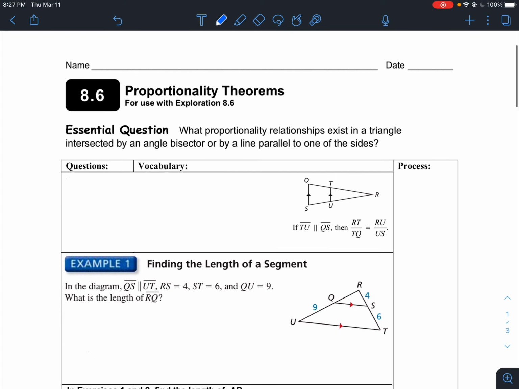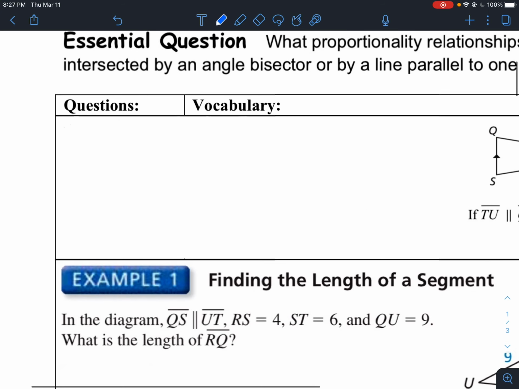So here are a couple theorems that we're going to go over to introduce some of these proportionalities. This first theorem is the triangle proportionality theorem.